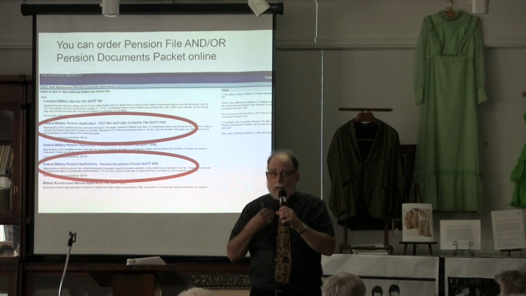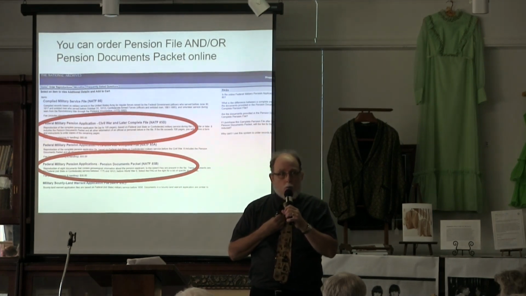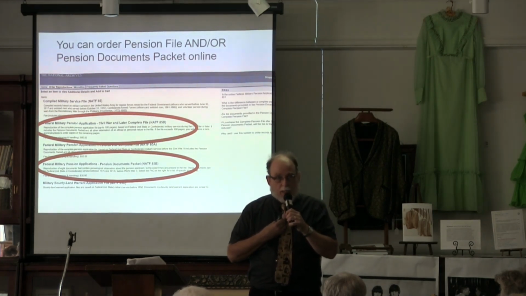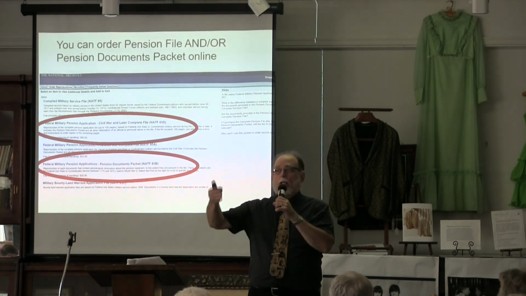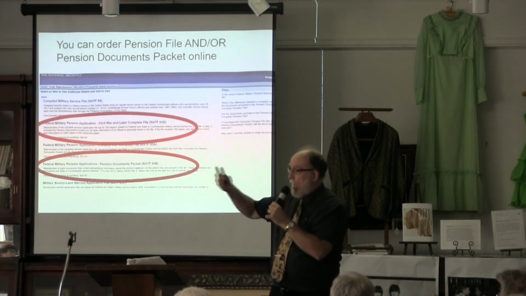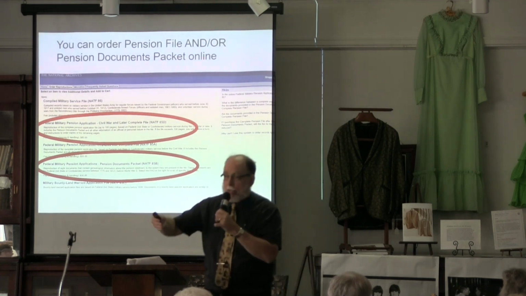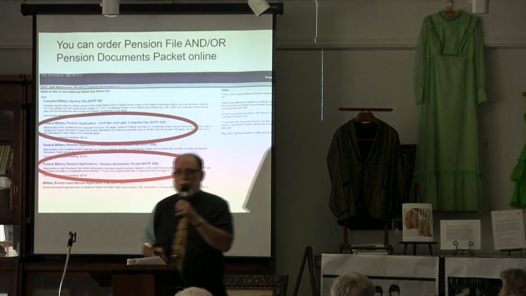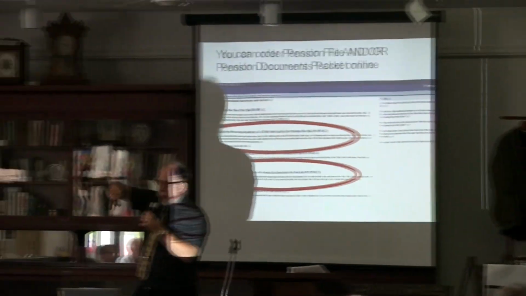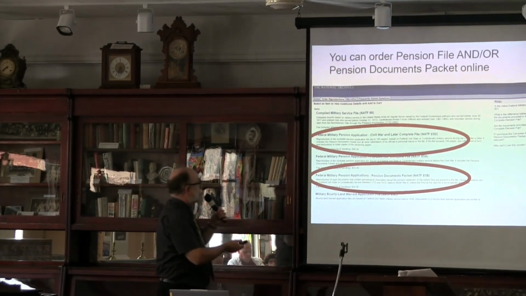On the other hand, I found with my ancestor who applied for a pension and was denied, there were lots of repeats. He kept repeating himself over and over, asking, can I get a pension now? Here's what happened. Can somebody help me? And thumbs down every time.